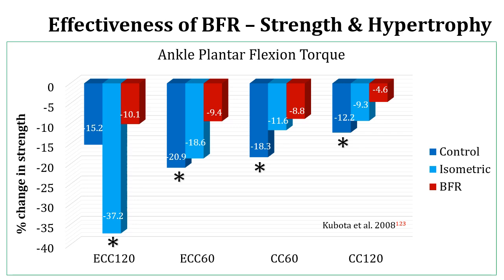The one that stands out is the isometric group with the eccentric of 120. They lost even more than the control group despite doing the isometrics, but in every other strength assessment they were able to preserve their muscle performance.